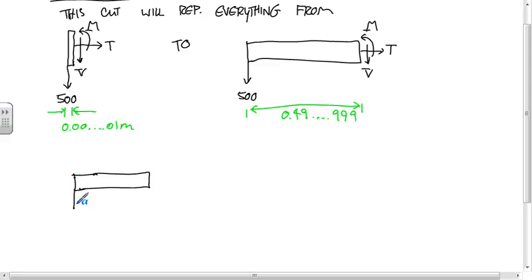We know that we have the 500 Newton force acting down. And we know we have the internal loads. We know that this point is all the way to the left, and we know that this point is represented by x, where x is somewhere between 0 and 0.5.